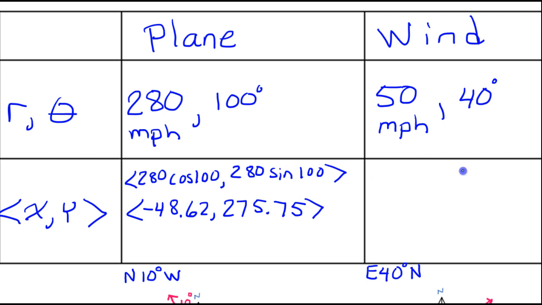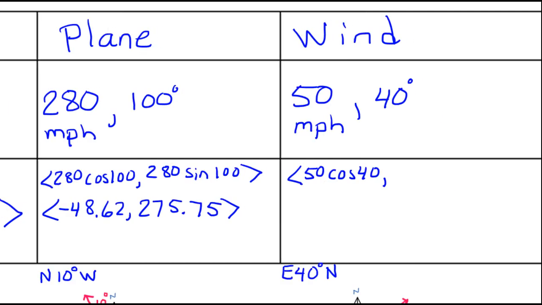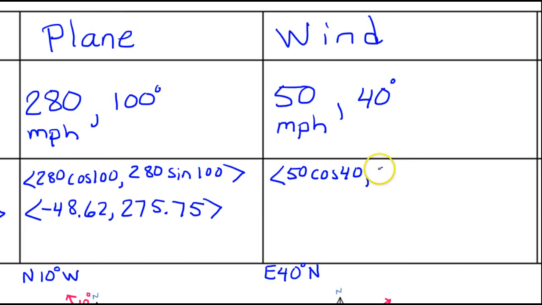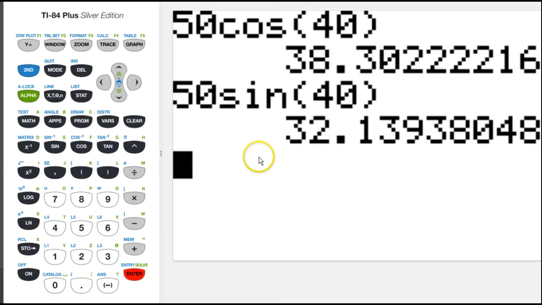Again, we're doing r cosine theta, so that would be 50 cosine 40, and we are doing r sine theta, so that will be 50 sine 40. Calculator. Kabam.